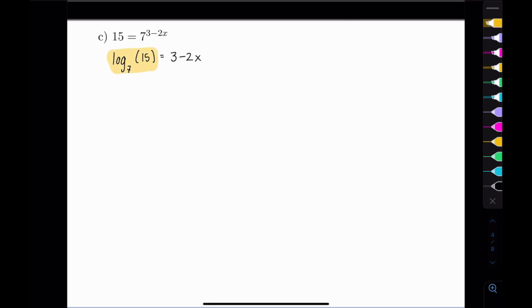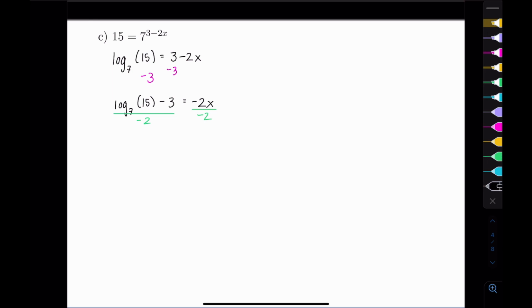That's all. So all I need to do to solve for x is get rid of these two numbers in front of it. And the way we would go about that is we would subtract 3 from both sides. I'm just not able to actually condense this. It'd be log base 7 of 15 minus 3 equals negative 2x. And then to get the x by itself, we go ahead and we divide by negative 2.